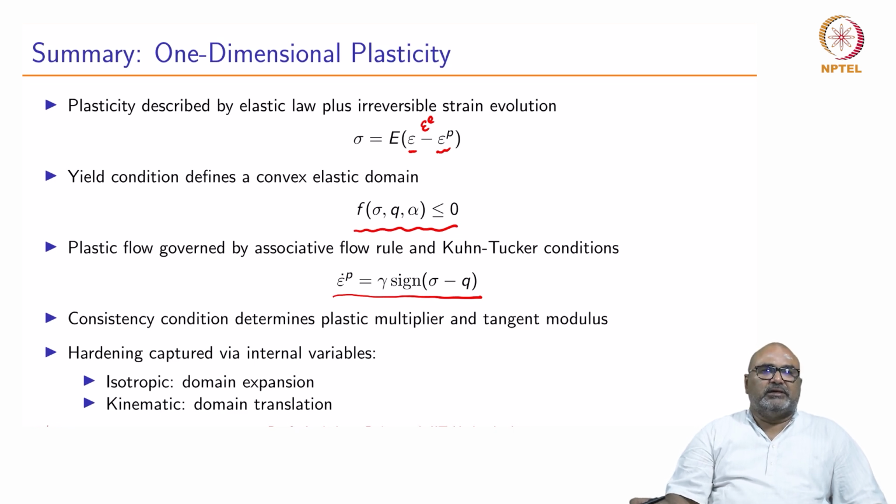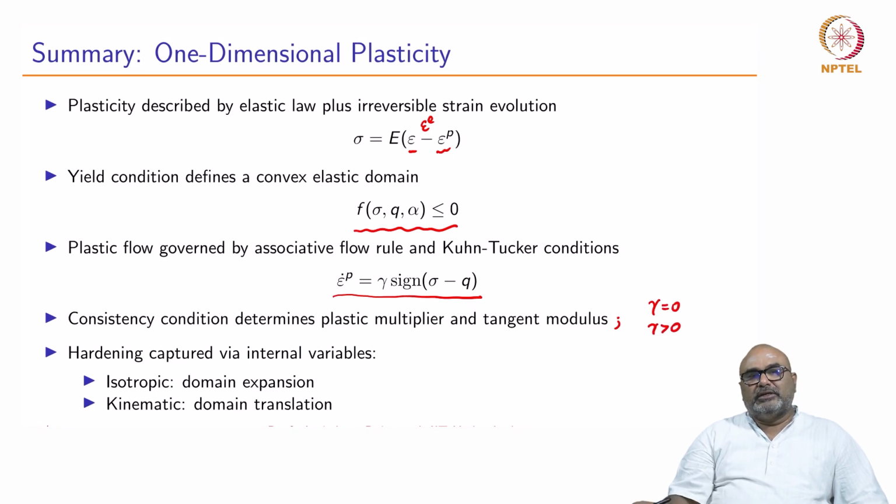The consistency condition determines the plastic multiplier and allows us to define the tangent modulus. During this process of determining, one takes a trial elastic state and then identifies for what conditions gamma will be equal to 0 or gamma will be greater than 0.